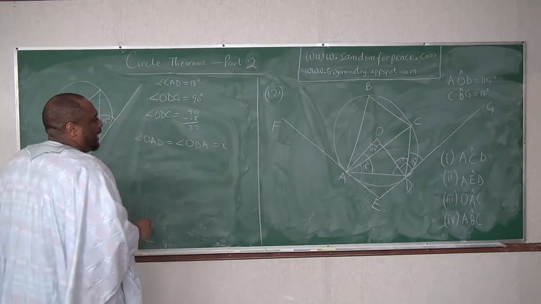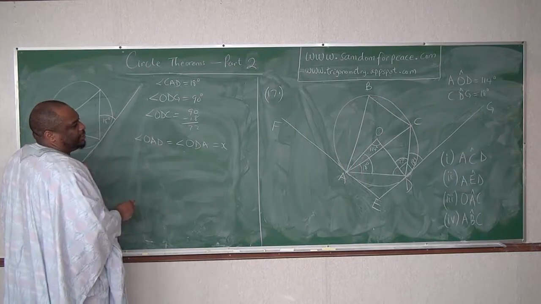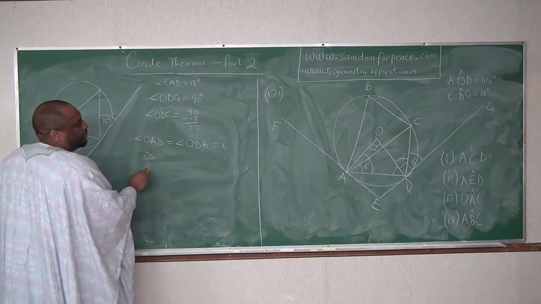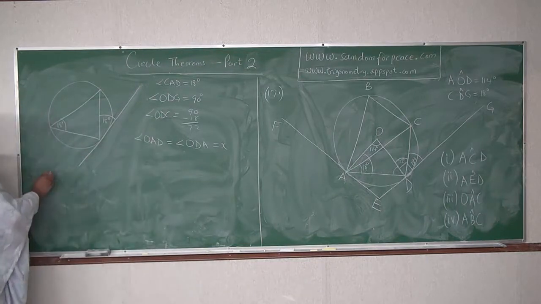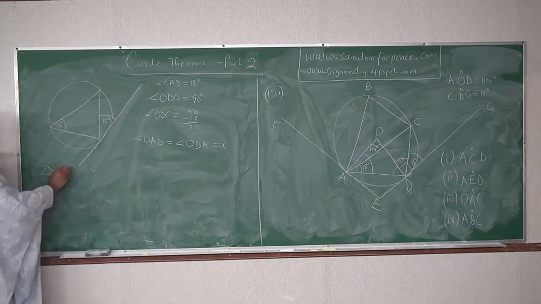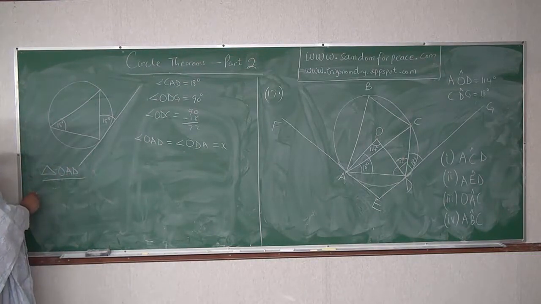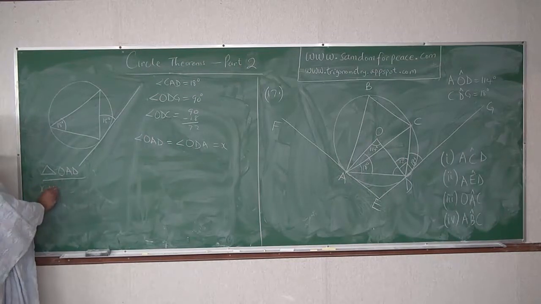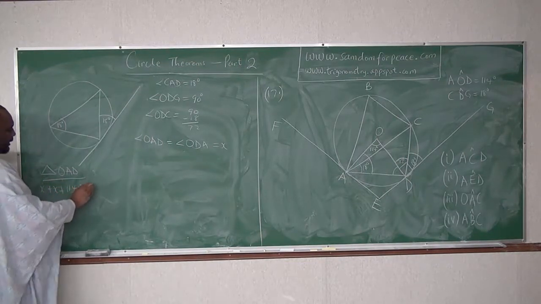Okay, so when we do that, considering triangle OAD, 2x plus 114 is 180.